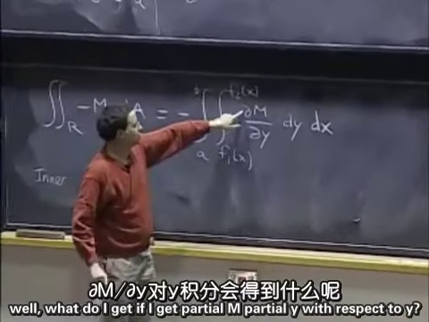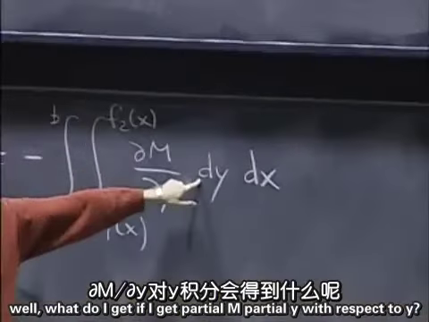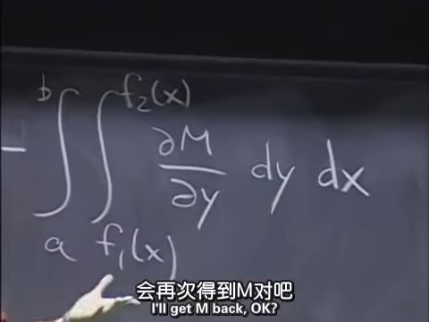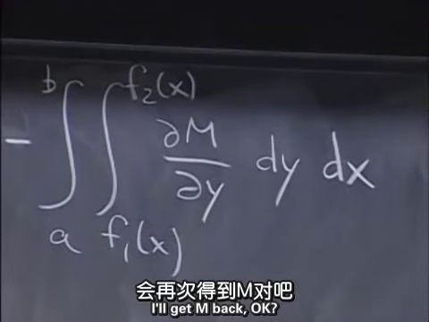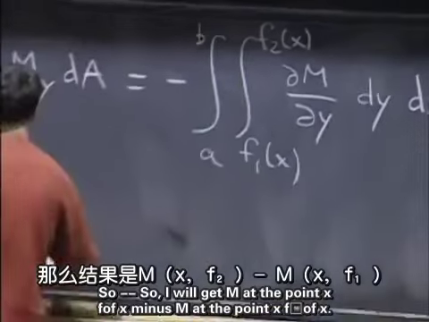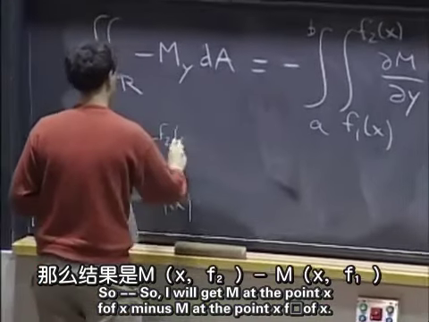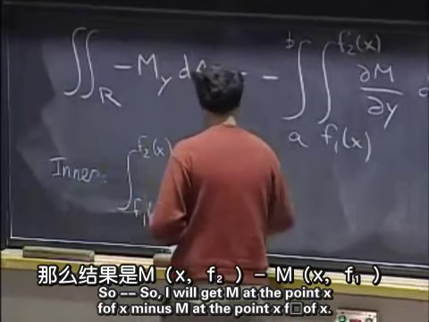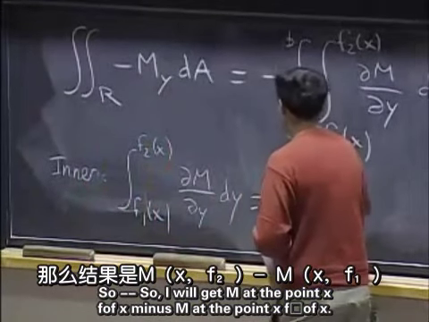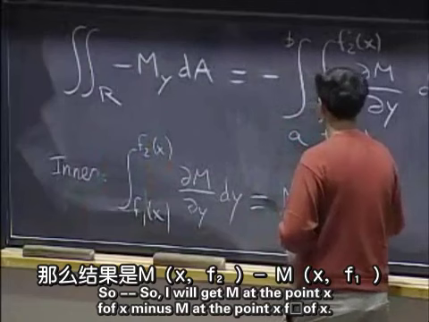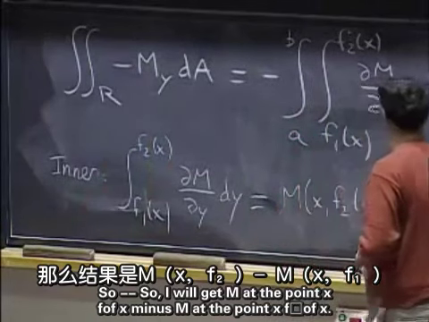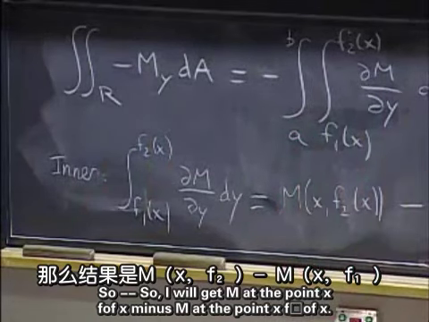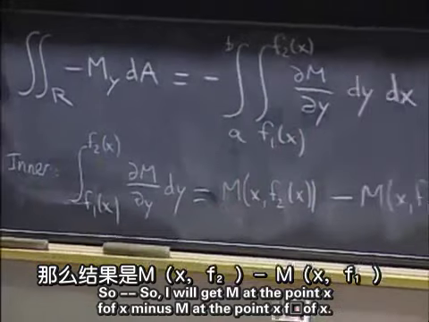well, what do I get if I integrate partial M partial y with respect to y? I'll get M back. Okay, so I will get M at the point (x, f2 of x) minus M at the point (x, f1 of x).